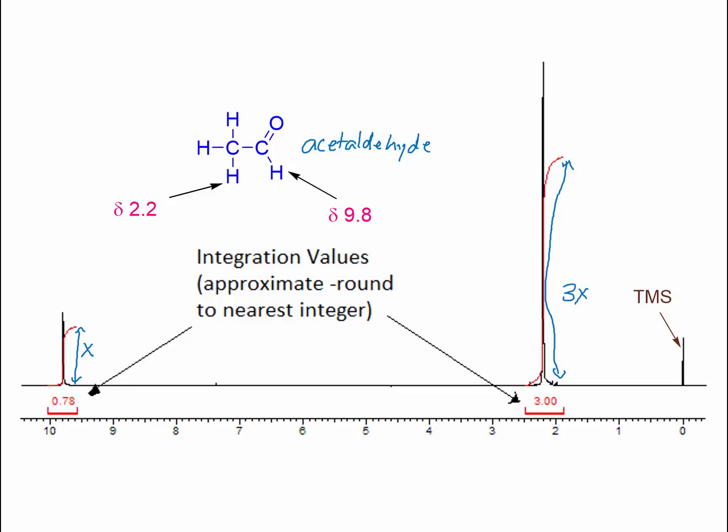This should be about 3x because there are 3 of these protons and only 1 of this one. So this one, when we do the integrate mode, should be 3 times as high as this one. We can actually get our spectrometer to digitize it, and the numbers underneath represent the integration values.